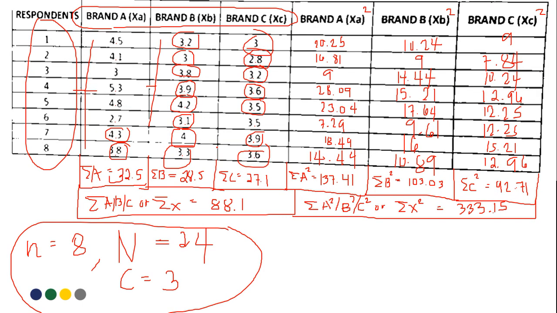Okay, step number 1 tayo. Step number 1, medyo mahaba ito. Step number 1 natin, yung HO natin is always equal to the mean sub 1 equals mean sub 2 equals mean sub 3. Palaging ganyan.